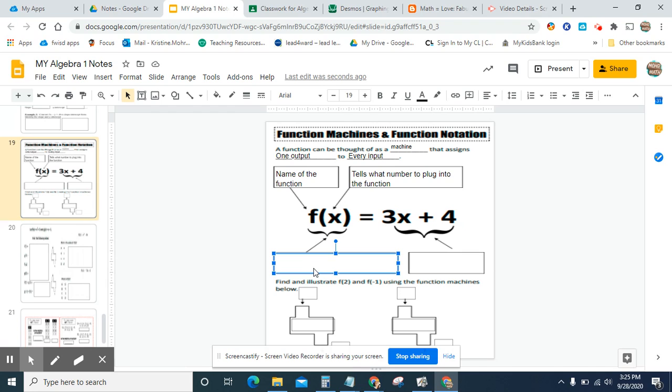If this x was a 2, you would say f of 2. So it's f of whatever is in the parentheses. Then this whole little piece, the 3x plus 4, is the actual function.